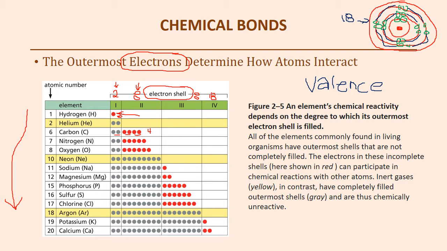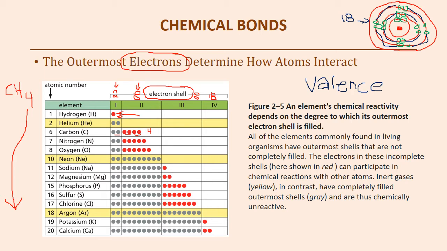So carbon elements have the potential to bind with 4 other atoms. In fact, if we take our carbon and attach 4 hydrogens to it, we create CH4, that's good old-fashioned methane.